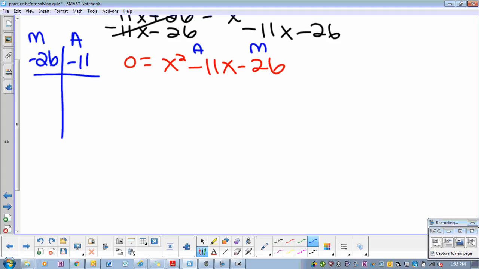What are they? Good. Make sure that the bigger number gets a negative because your middle number is a negative, right? So negative 13 and 2 add to give me a negative 11.